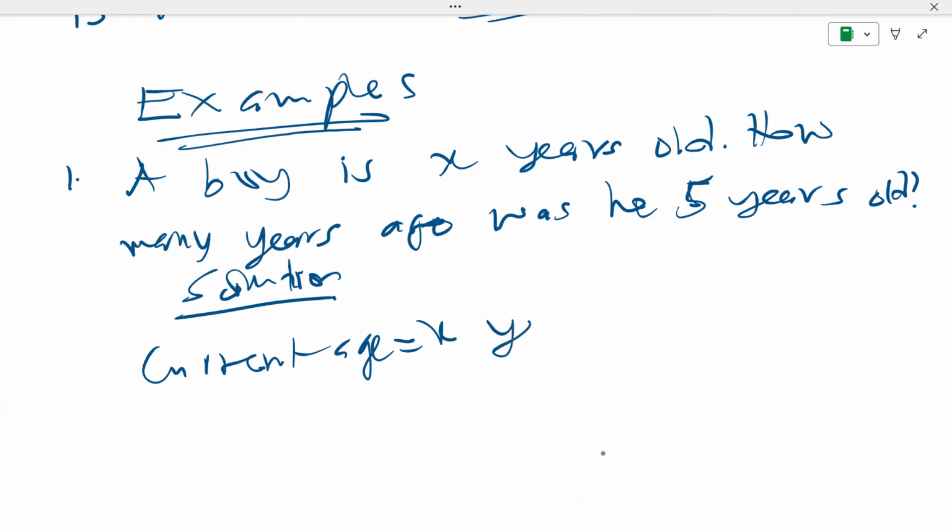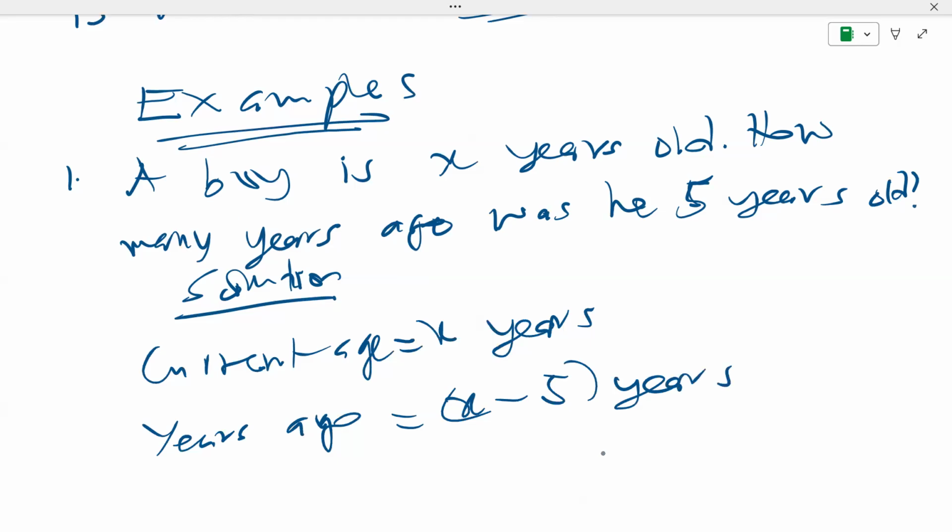That will be X years, current age. Then the number of years that have passed since the boy was 5 years will be calculated this way. So years ago will be equal to X minus 5 years. And that is all we need.